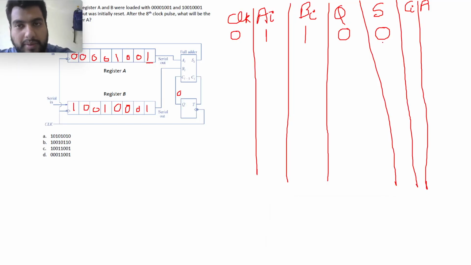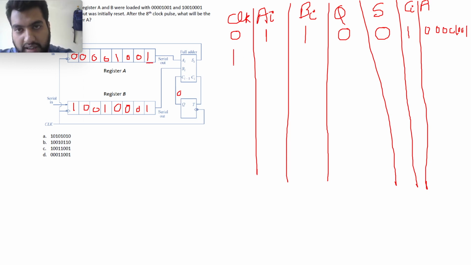My sum will be 0 because 1 plus 1 is 0 and carry is 1, and Ci will be 1, and my register contents will be 0 0 0 0 1 0 0 1. This was the initial condition.